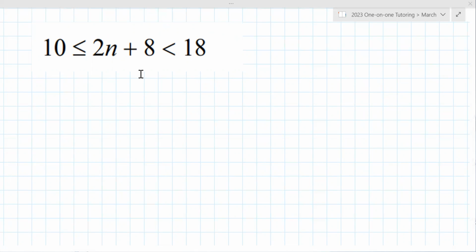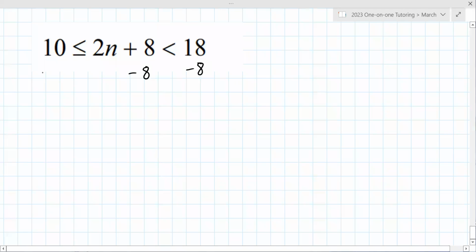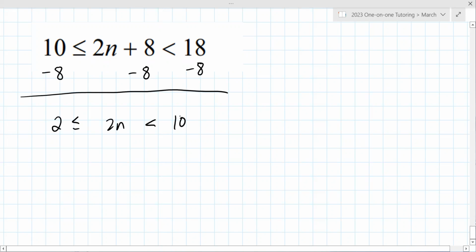Subtract 8 from everything. Okay, good. That's 2 less than or equal to 2n less than 10. Now divide everything by 2. Just the 2, yeah.